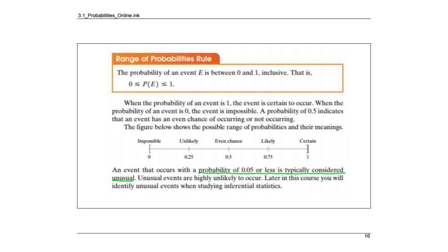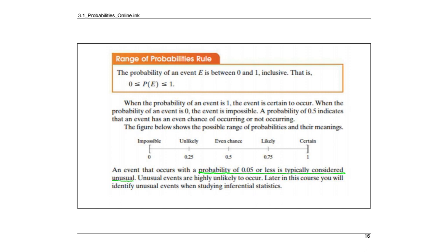All right, so this is very, very important. The probability of an event has to be between 0 and 1 inclusive. It can be 0, it can be 1, and it can be anything in between, any fraction, any decimal in between. However, it cannot be negative, can't be less than 0, and it cannot be greater than 1. Okay, so 0 would be impossible.